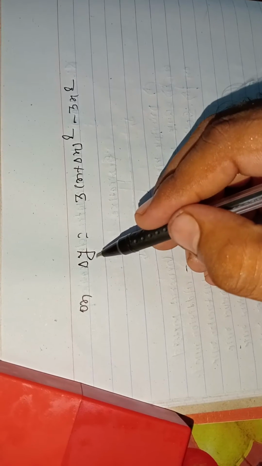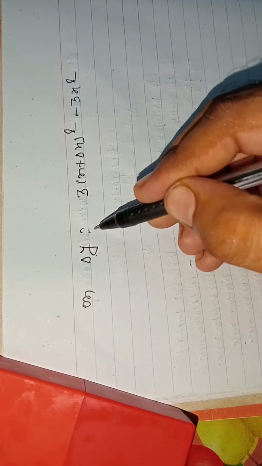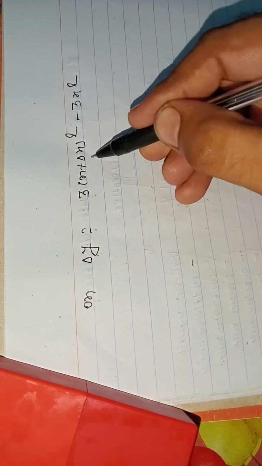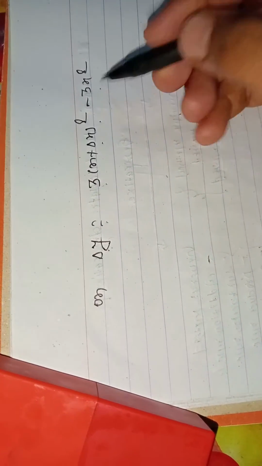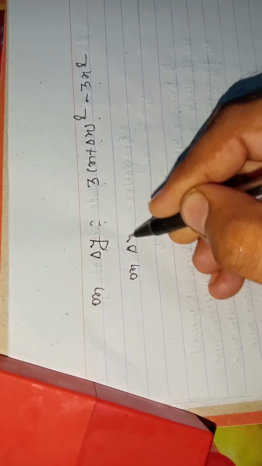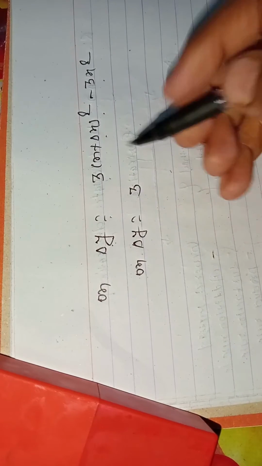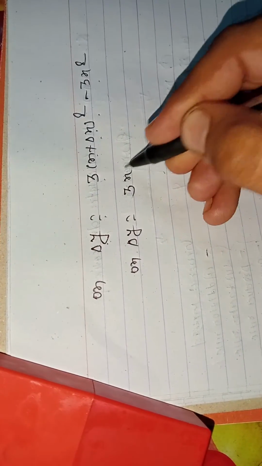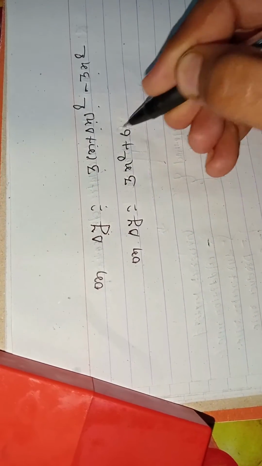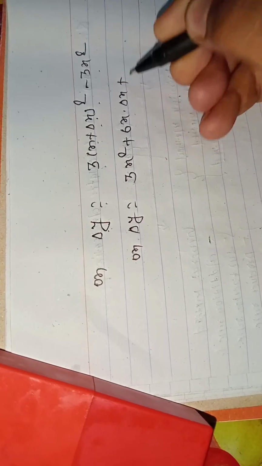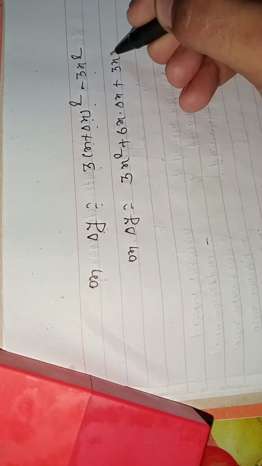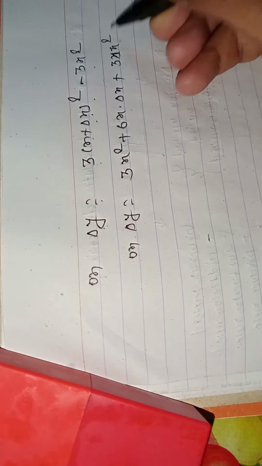Now the step is here: delta y equals 3(x plus delta x) whole square minus 3x square. So write down delta y equals 3 times (a plus b) whole square, a square plus 2ab plus b square.